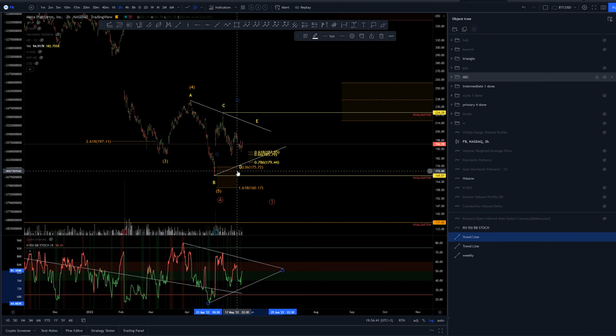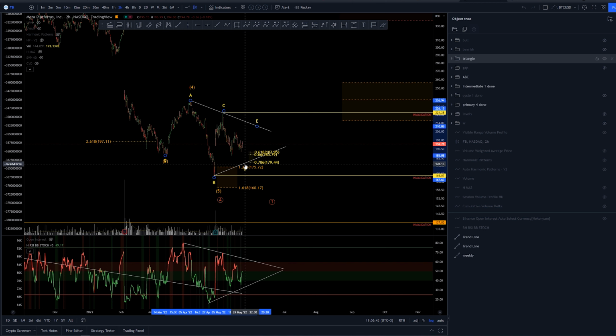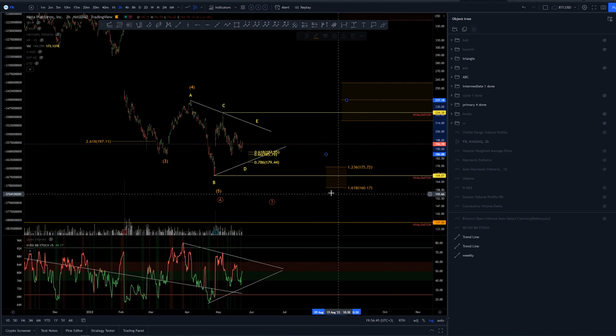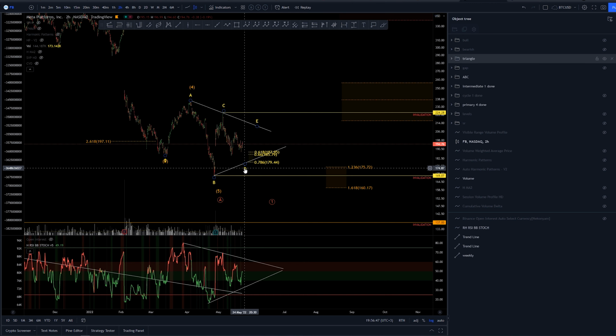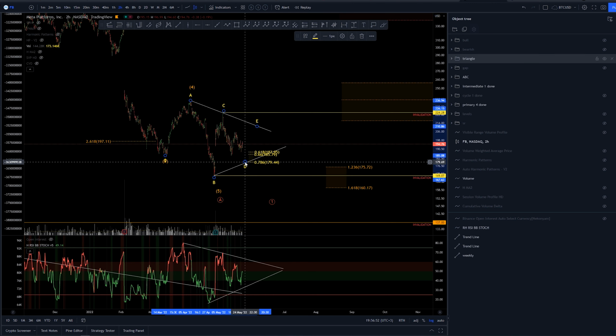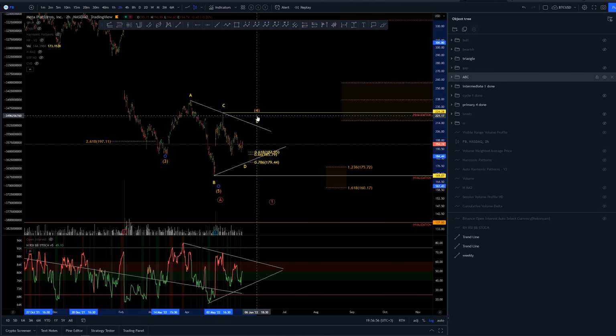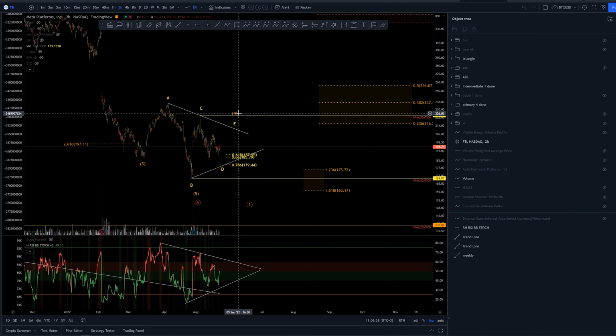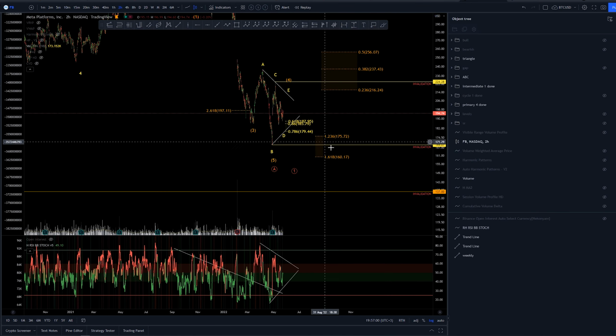Whether the D wave here is done, I'm not certain of that yet. The 786 would be the expected area, so a bit more dump down before going up for the C wave, and that would actually finish the 4th wave here.